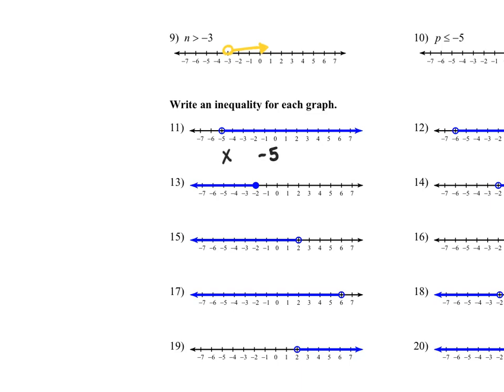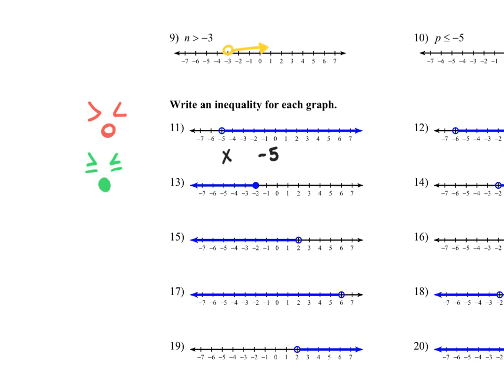Okay, now, here are the things to know, and I'm going to make a little cheat sheet out here to the side. If it is greater than or less than, you would have an open dot. If it is greater than or equal to, you would have a closed dot.